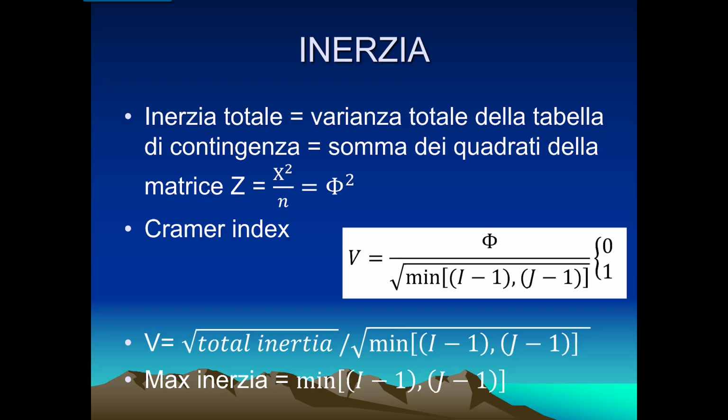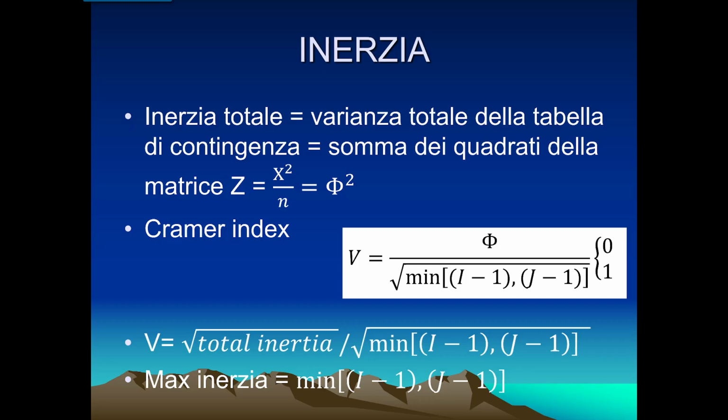And therefore the Cramér index is an index which is between 0 and 1, because you take this coefficient and divide it by the maximum value. The maximum value that the total inertia can assume is the minimum between the number of rows minus 1 and the number of columns minus 1.